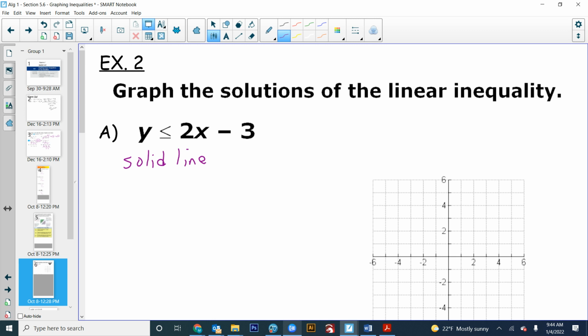Now, am I going to shade above or below the line? Leah? Below. Why? I agree with you, Leah, because y is less than. It's just less than. So we're going to shade below.